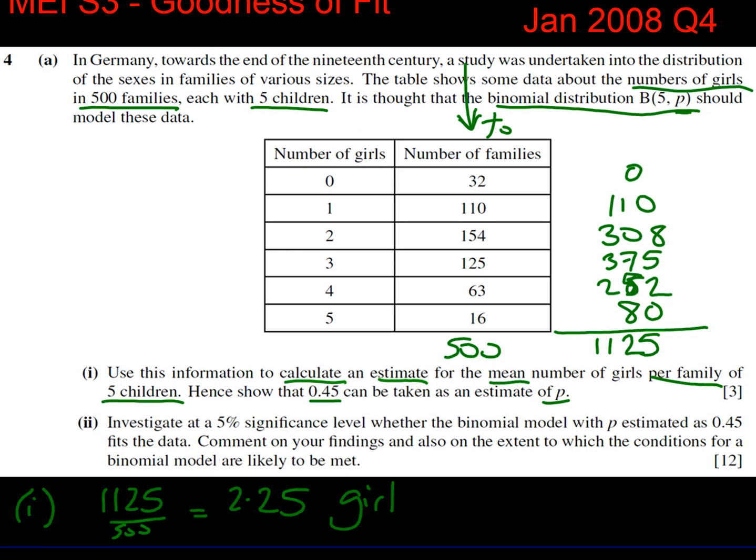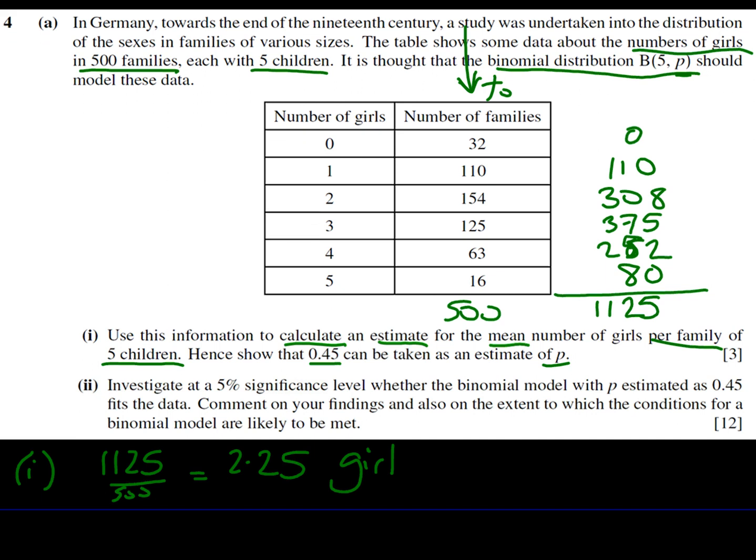Makes sense, doesn't it? And then we have to work out what's the probability of a child being a girl. That's going to give us our P, an estimate of that. Well, if there's 2.25 girls per family on average, and there's 5 children in total in each of these, then we divide one by the other, and we get the probability of being a girl in these families is 0.45, yeah?